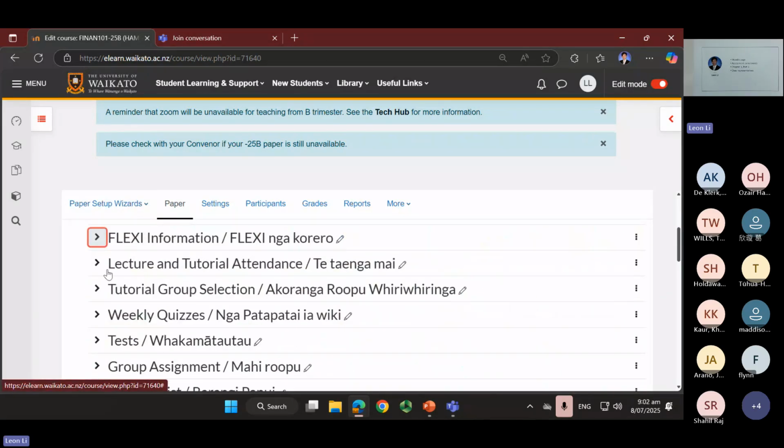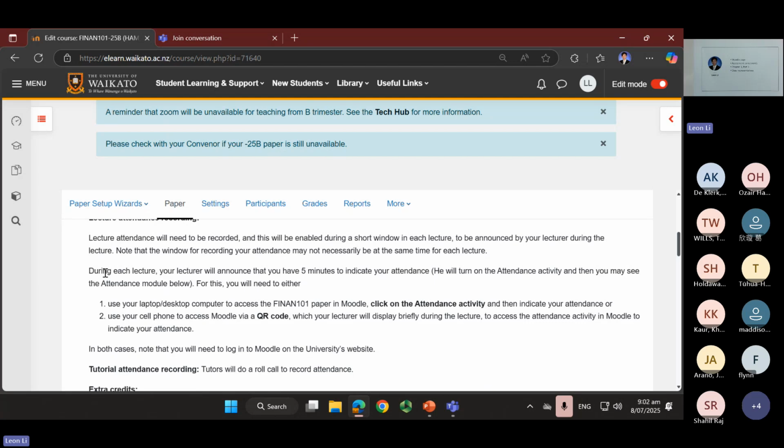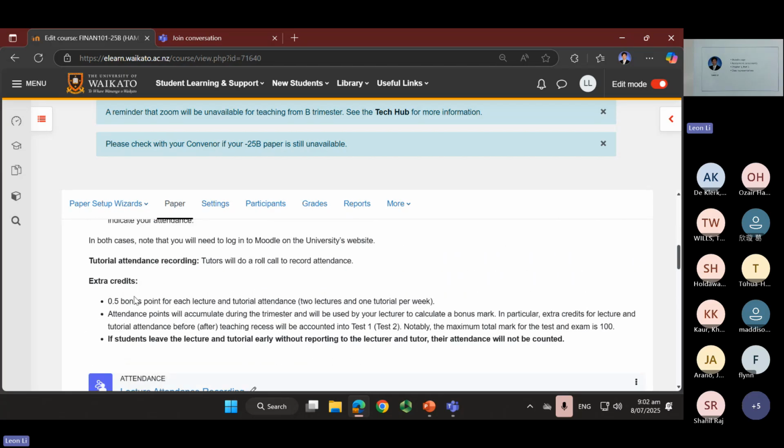Assessment component. Oh, no, the next session is the lecture and the tutorial attendance. I encourage student engagement. So we have the HR credit policy. Right? So I will use the attendance activity to record your attendance, or use the QR code. Then we have HR credit, 0.5 bonus point for each lecture and tutorial attendance.